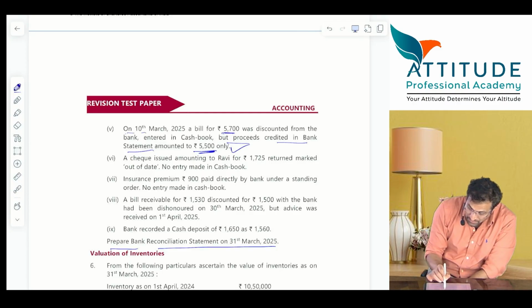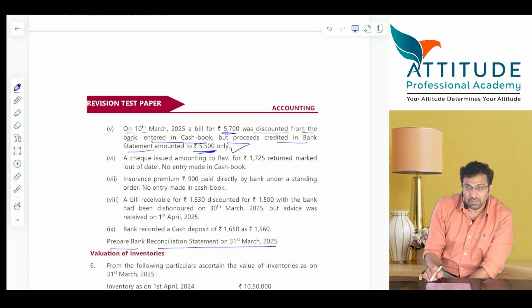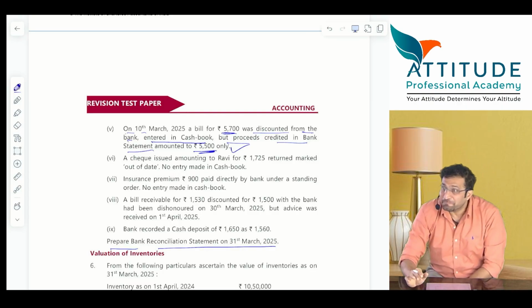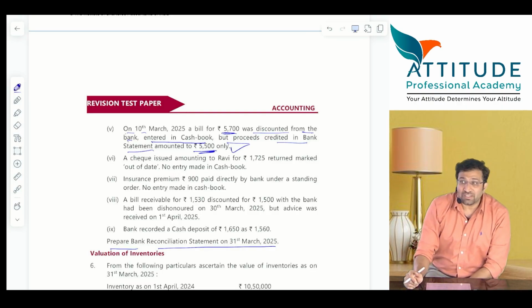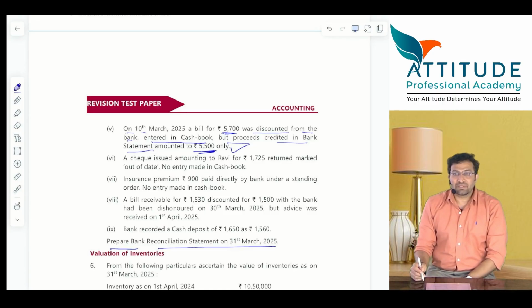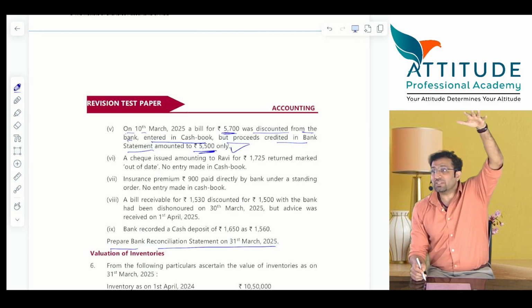I repeat once again. 10th March, a bill of 5,700 was discounted from the bank, entered in cash book. When you discount, you enter in the cash book. आपके पास कैश आया. कितना कैश आया? 5,500. बट आपने रिकॉर्ड किया कितना? 5,700. So cash book balance has gone up by 5,700.